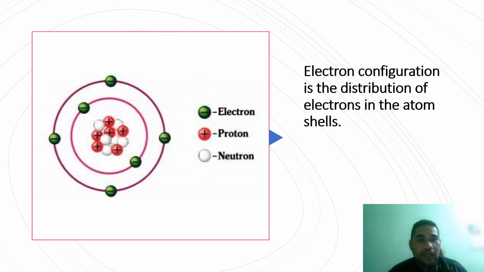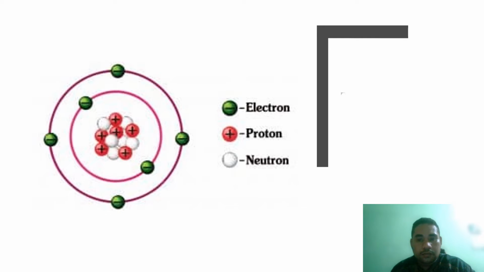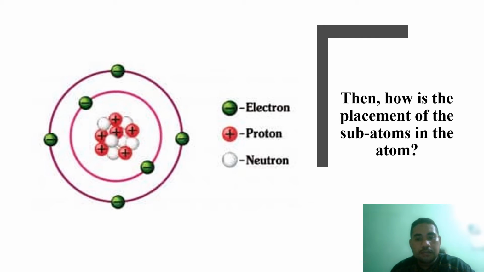An atom has three subatomic particles, which are proton, electron, and neutron. A proton's charge is positive, a neutron has no charge, while an electron has negative charge. Then, how are the subatomic particles placed in the atom?